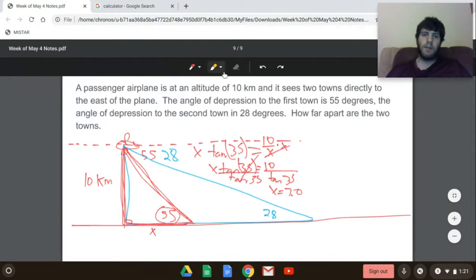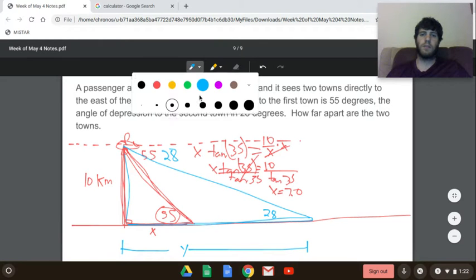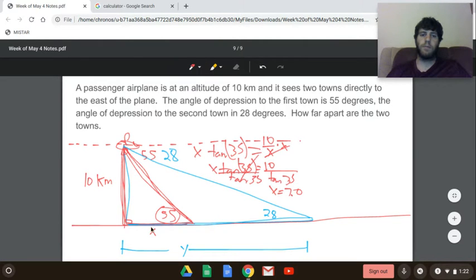Right? And now let's find the base of the blue triangle. So here's the blue triangle. So here's the base of the blue. We're going to call it, let's say, y. Okay, x was just simply this piece here. Okay, so to find y, the base of the big one, right? Our angle here is 28. We have a right angle here, and then 10 is our opposite, and y is your adjacent.